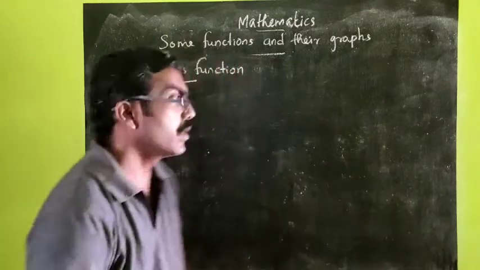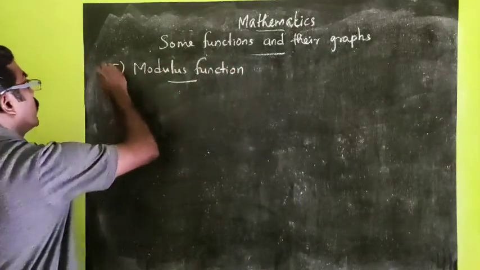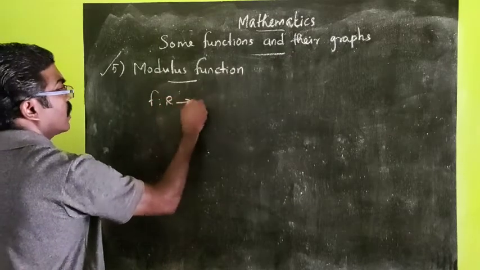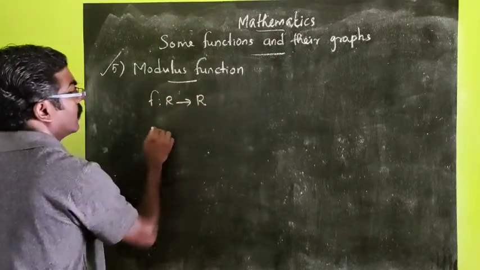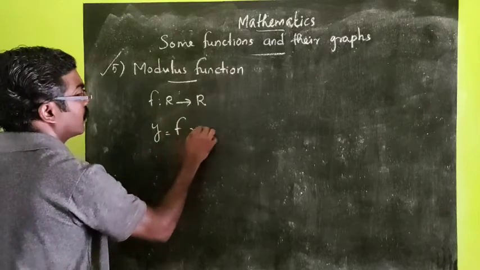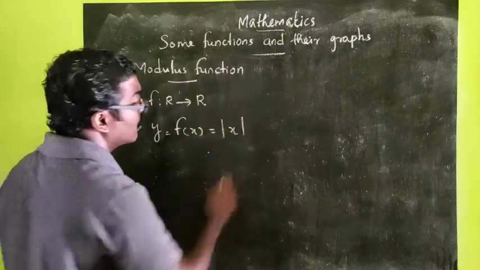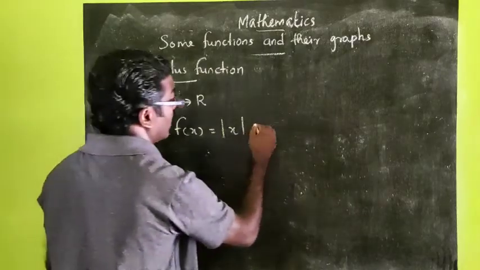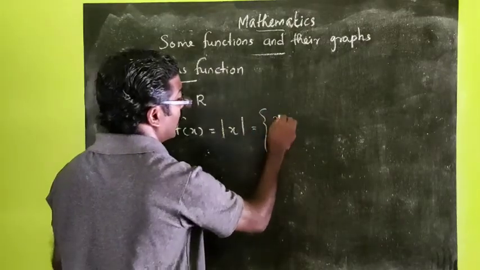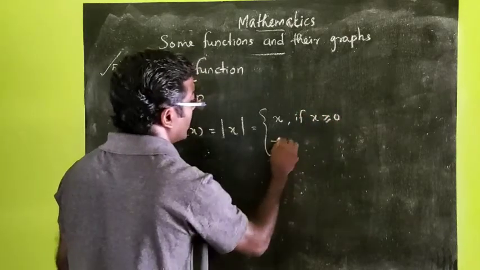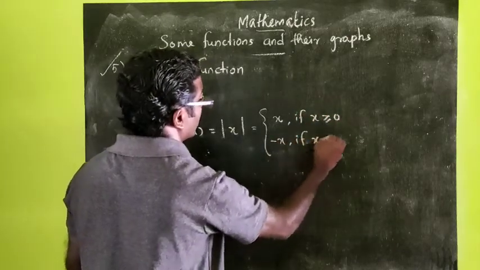Okay, now we shall discuss modulus function. It's one of the important functions. So a real function f from R to R given by y is equal to f of x is equal to modulus of x. This symbol we read as modulus of x, which is equal to x if x greater than or equal to 0 and minus x if x less than 0.